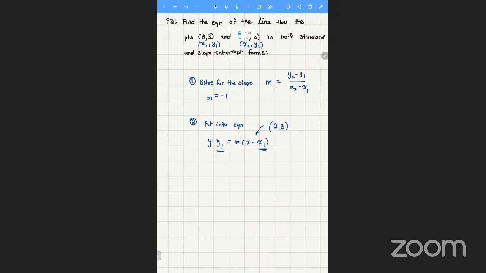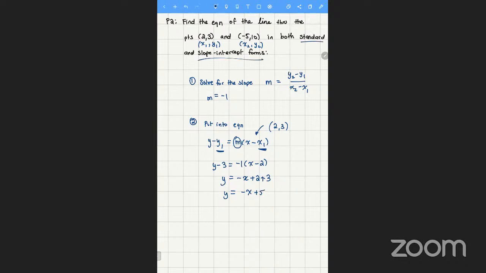You already know your m, so make sure you put in your m too. b is 5. So the equation is y is equal to -1x plus 5. Ta-da!